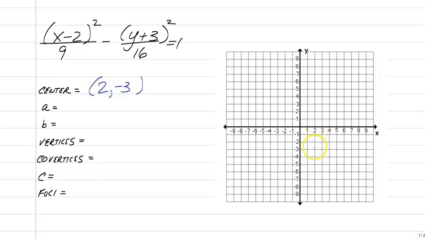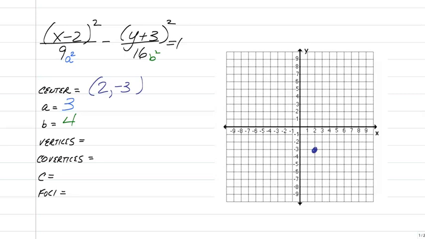So I'm going to go to positive 2, negative 3, and we're just going to get this party started right now, okay? To find a is going to be what is underneath the first one. But remember, this is a squared, so this is going to be a 3. And then underneath the y, this is our b squared, which means b is going to be 4.